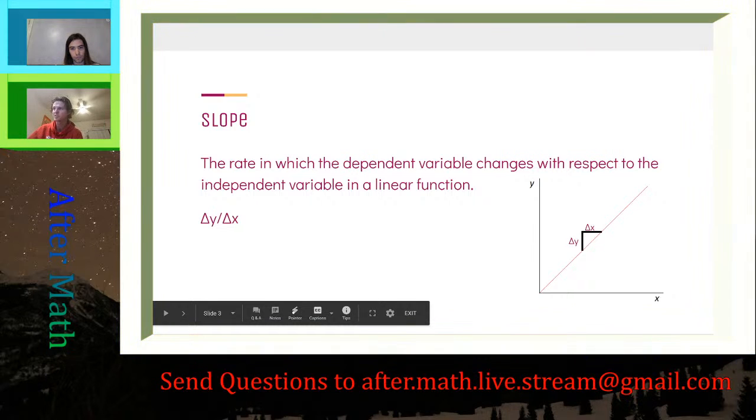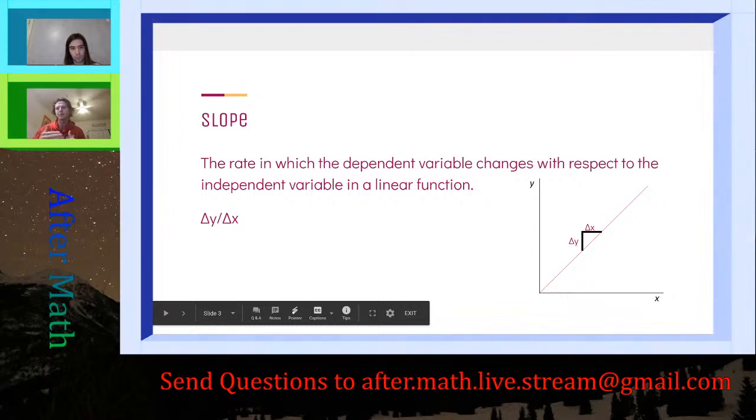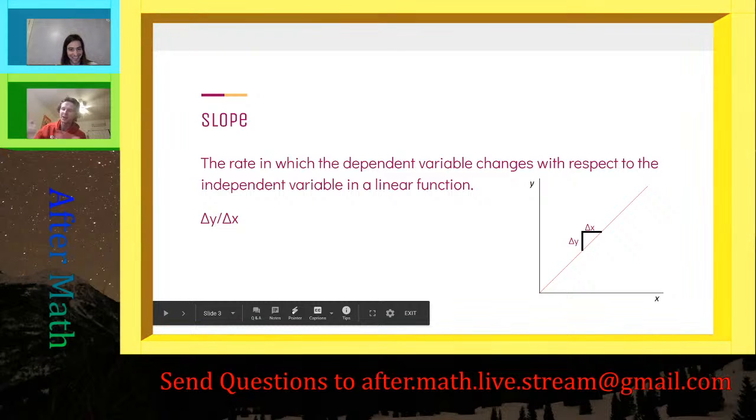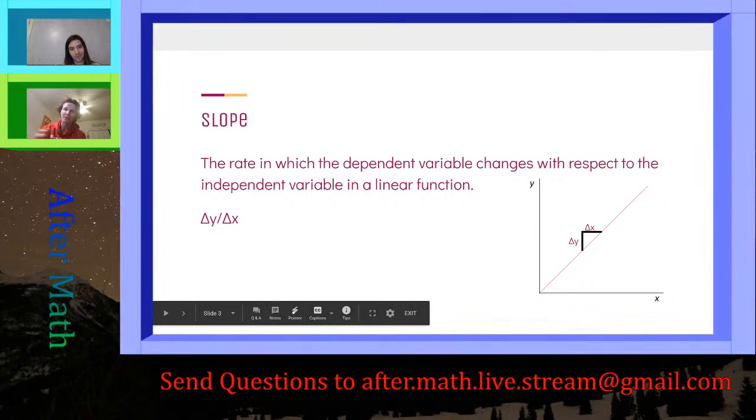These little subscripts just mean there are two different y values. It could be 5 and 3, so that change would be 5 minus 3, which would be 2. And then your x values could be something similar, 4 and 3, so it'd be 4 minus 3, which is 1. So our slope in this case would be 2 over 1, which is just equal to 2.